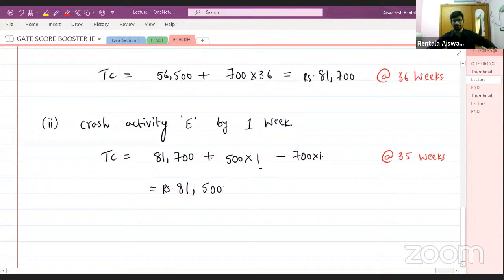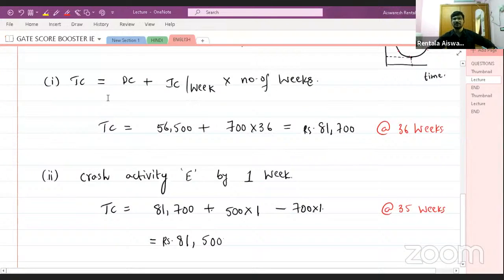So that's what I have represented over here into 1. Okay, so if you crash it by 2 weeks, then what will happen? 500 into 2 will be the additional charge. Okay, so 1, that's it. But previously, if you see in this total cost, so we have multiplied 700 into 36 because the completion time previously was 36 weeks, right or not? 700 into 36 weeks.